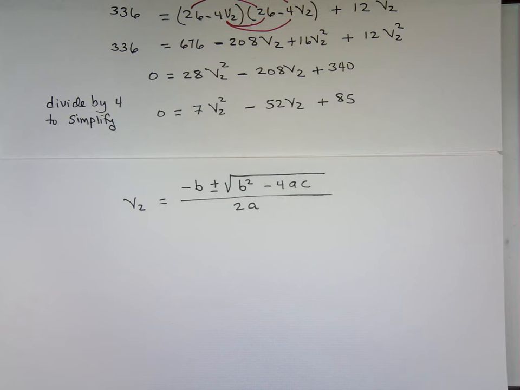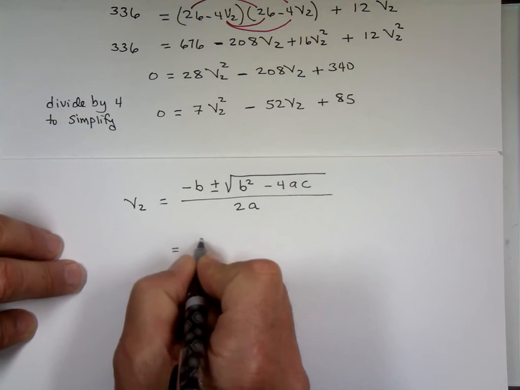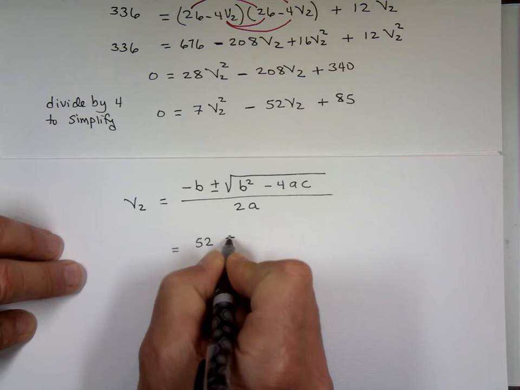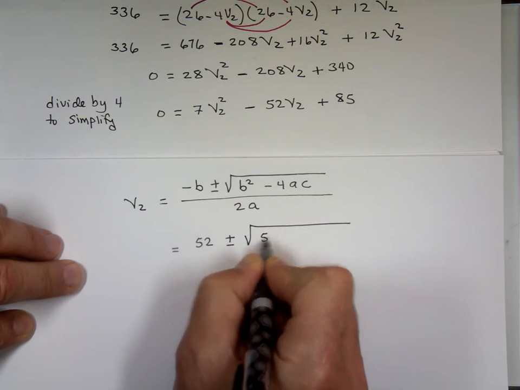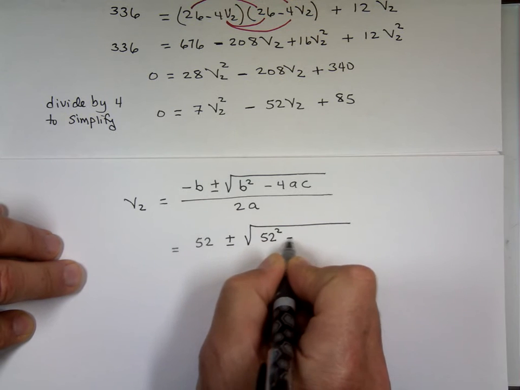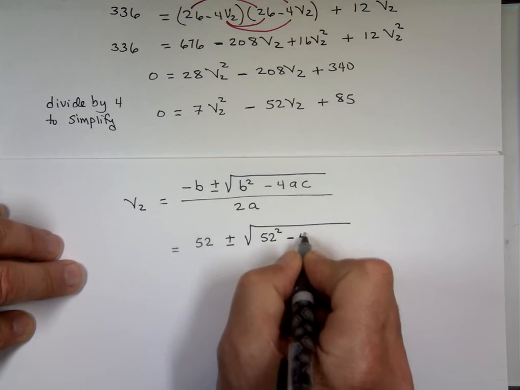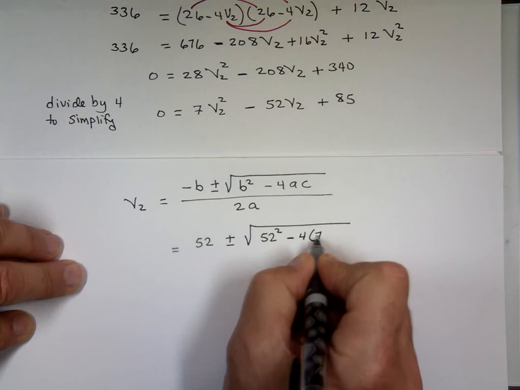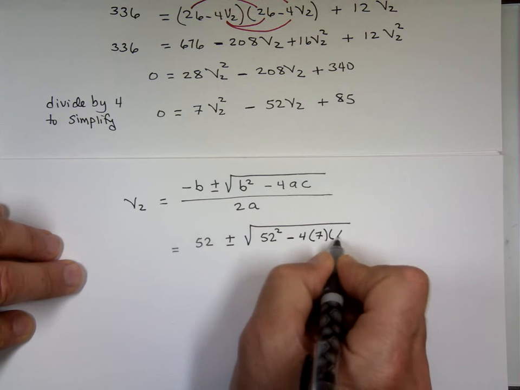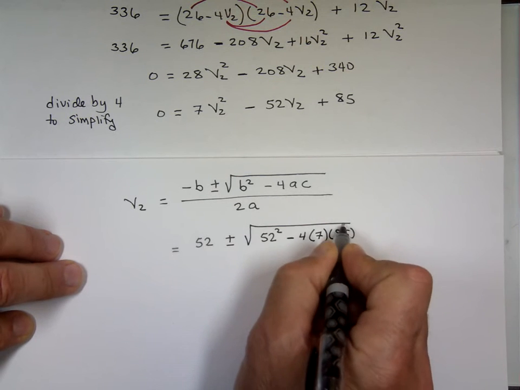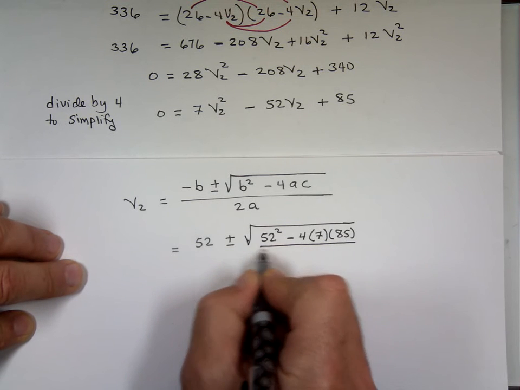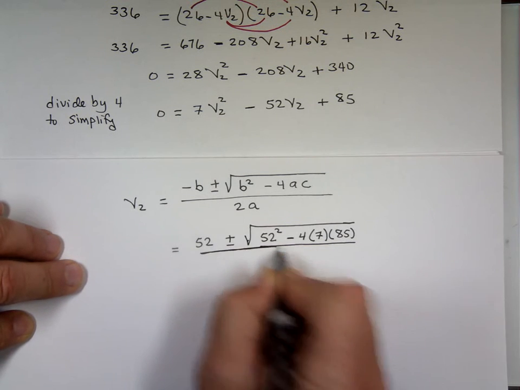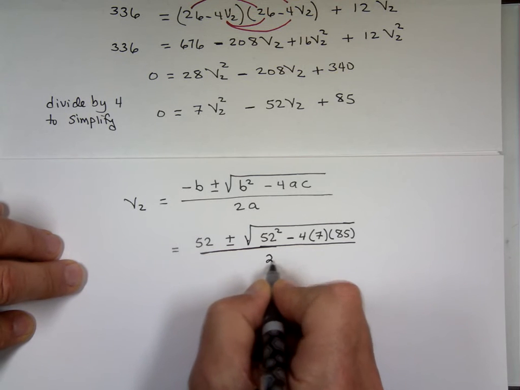B is negative 52. So minus a minus, that's plus. Four times A is 7. C is what? 85. Divided by 2A. 2 times 7.